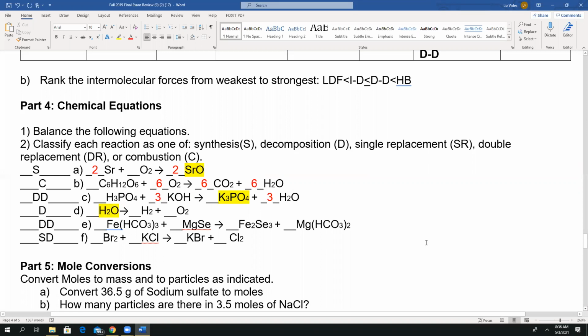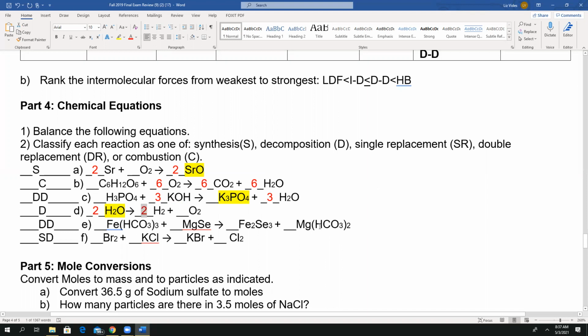So we look at that one and we say, okay, what is different on the other side? The hydrogen. No, the oxygen is. So we need a 2 here because it's only 1 on this side, which means we're going to need a 2 in front of this one also because now we have 4. And now everyone is balanced. You see that?